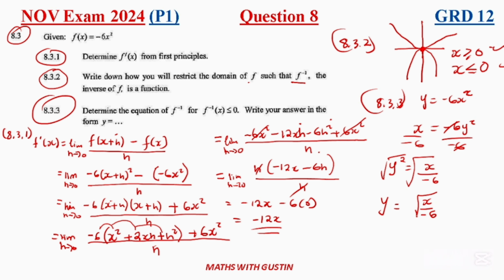Now can you see that if x is positive, you're going to have a square root of a negative number. So in this case, you can say you are going to constrain it for x less than or equal to 0. This will ensure that all the answers you have there are positive, and you won't have a negative square root.